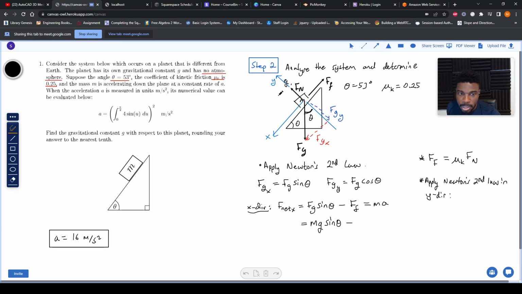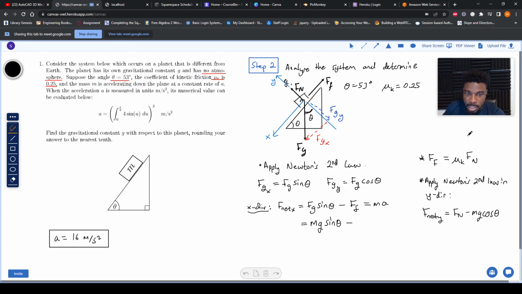Along the y direction, Fn is going in the positive direction, so F net in the y direction is equal to Fn. And we have the y component of Fg going downwards, so this would be minus Fg cosine theta, so m times g cosine theta.